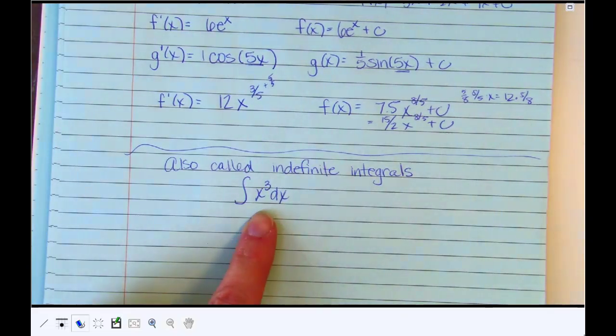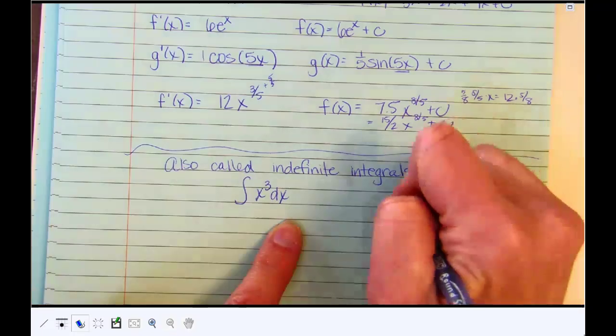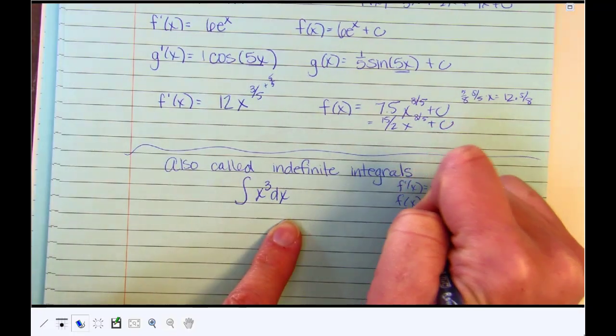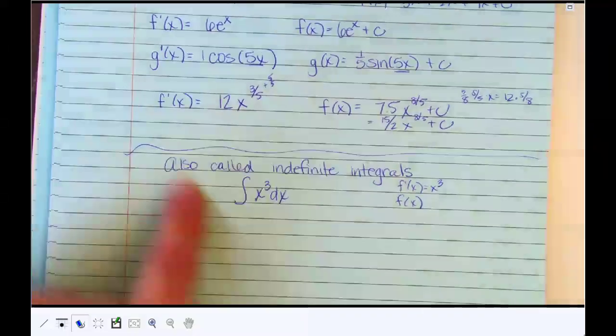Something like this means the same as me saying, hey, f prime of x is equal to x to the third, find f of x, or find the antiderivative. This is an integral sign.